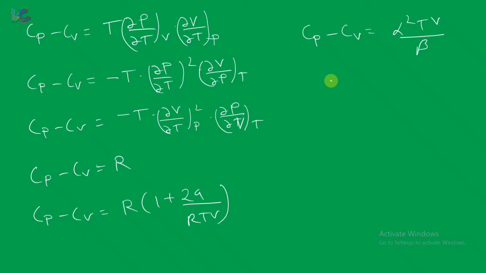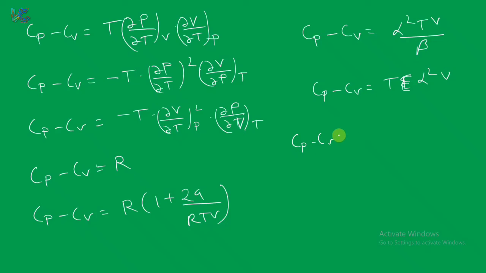Then if we apply the elasticity coefficient from Hooke's law, beta is equal to 1 by the elasticity coefficient, and from there Cp minus Cv is equal to T E alpha square V, where E is the elasticity coefficient. Then if we use the first and second thermodynamic equations of state and apply the fundamental equation, we get two other relations.